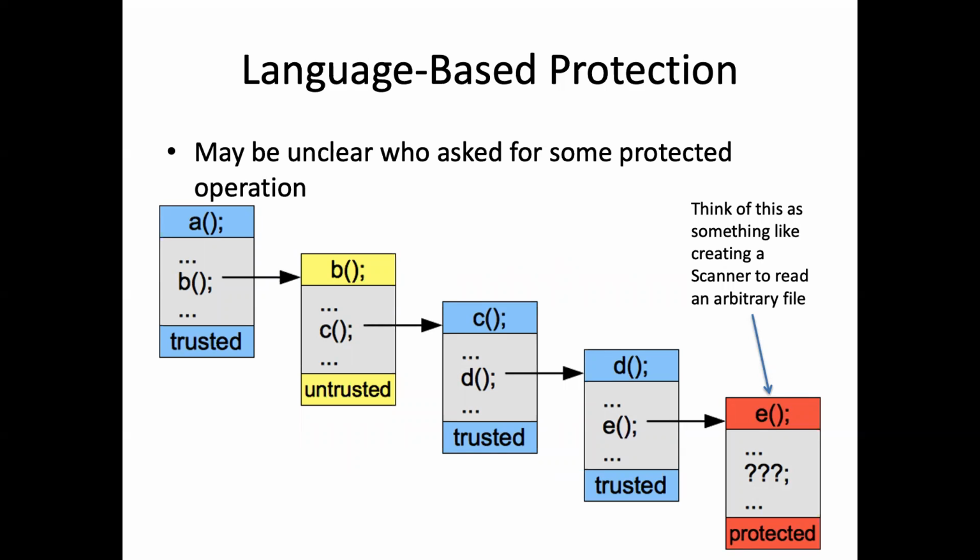If you're running a program like a game or something that you downloaded, then not every piece of that code should be able to access every public method offered by Java. In Java, or in general for language-based protection, what code should be able to invoke particular methods depends on where that code came from. And that's what I'm trying to illustrate in this picture.